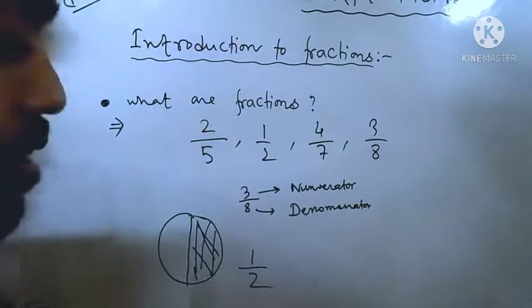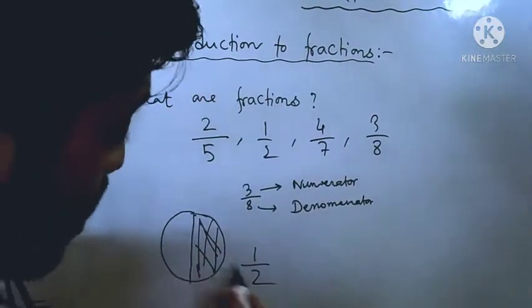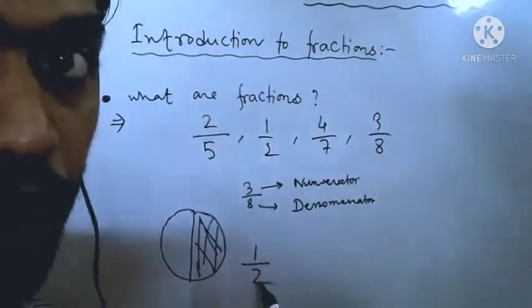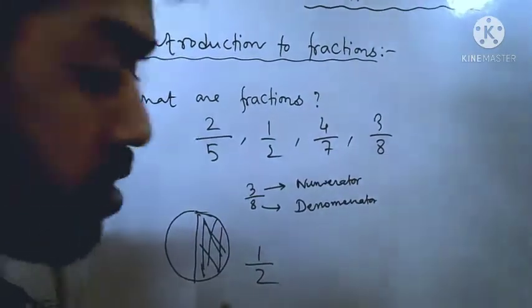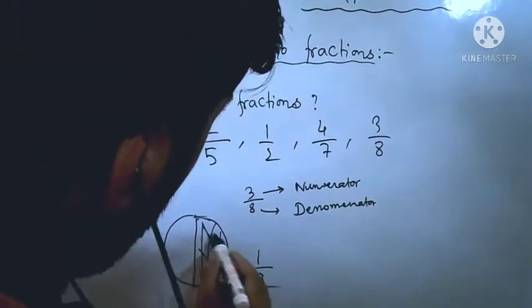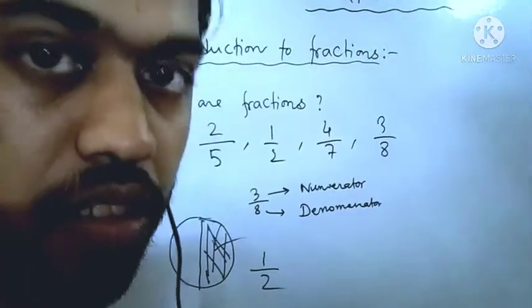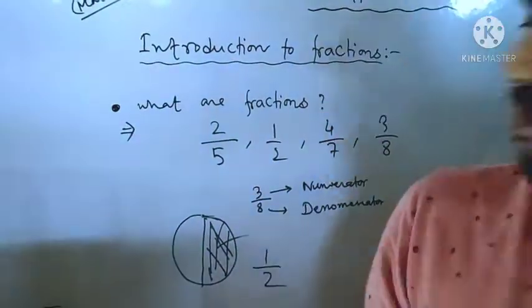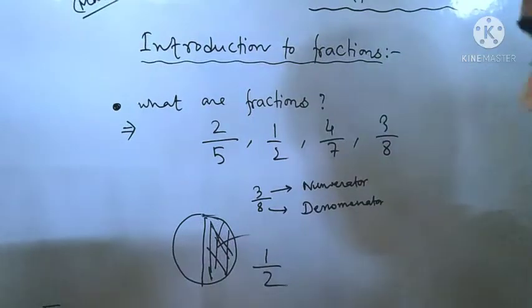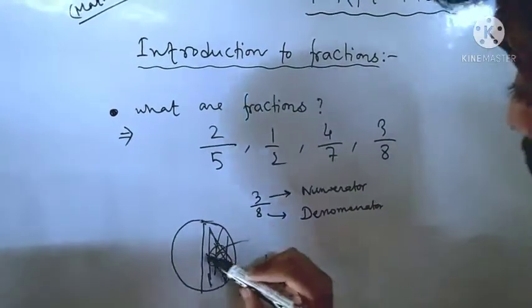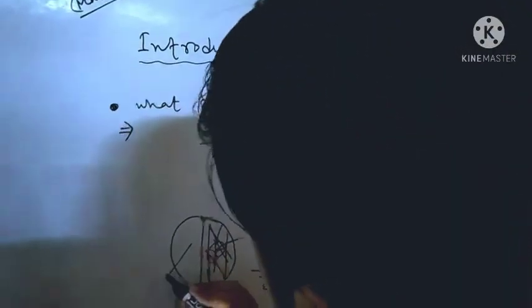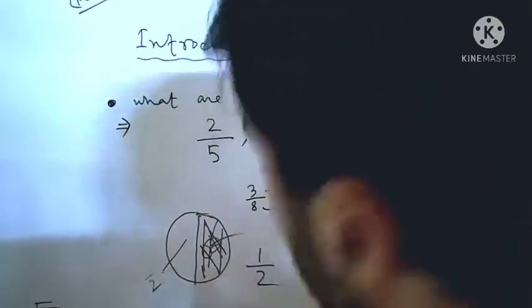Since this circle has two parts, we write 2 as the denominator, the lower portion. And how many parts do we take? 1 part. From 2 parts we take 1 part. So the value of this part will be 1 by 2, and the value of this part will also be 1 by 2.